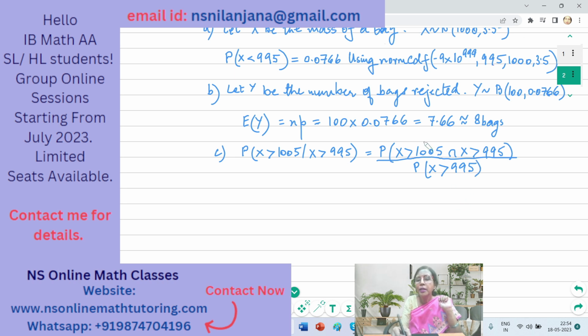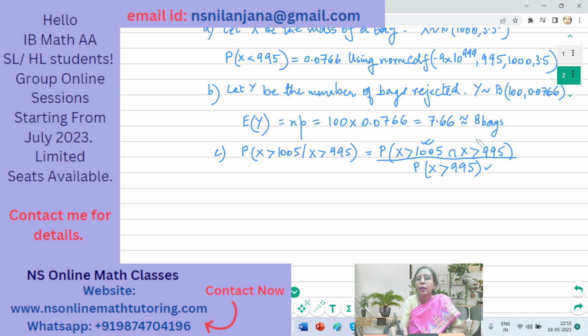Obviously, for the numerator, we will be finding the probability where the mass of the bag is more than 1005 grams, because it automatically implies that it has a mass greater than 995 grams. And what about the denominator?